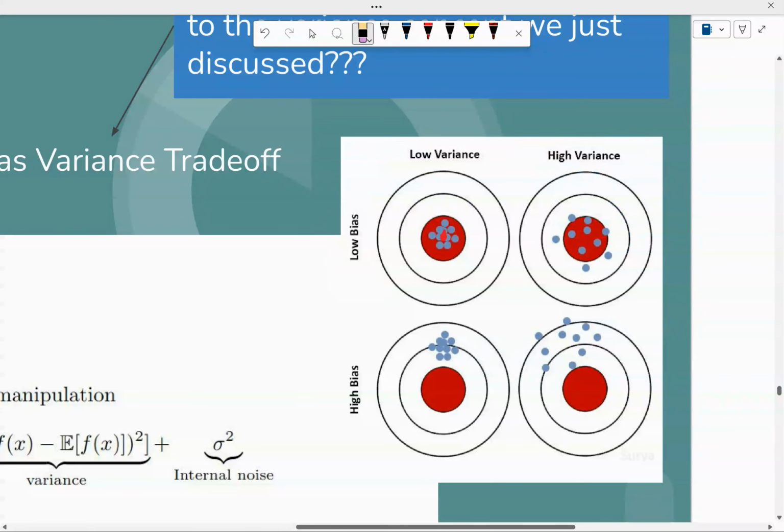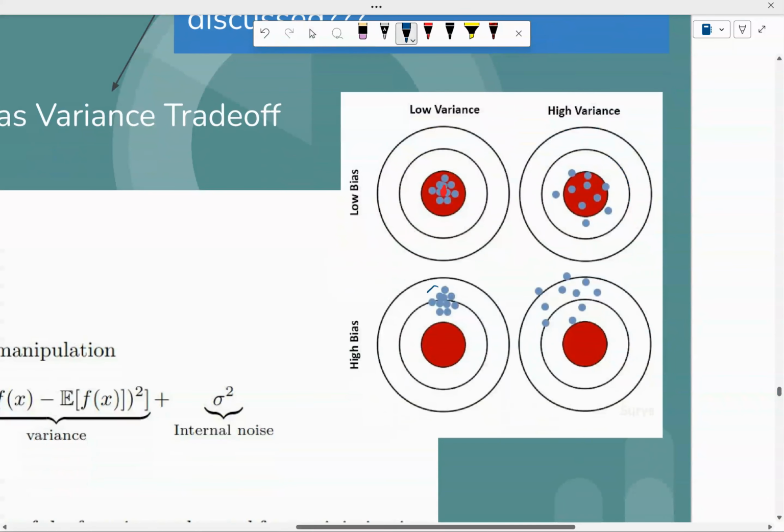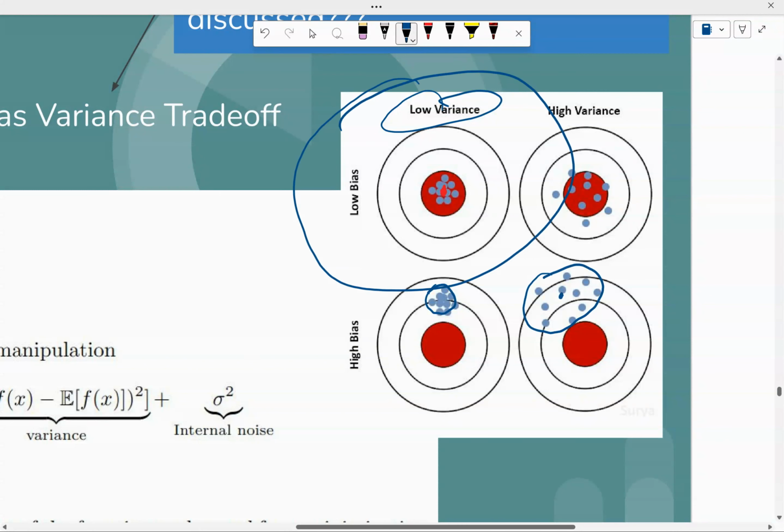There are other cases where you have high bias. Notice how the average is far away from the center. But at least it's low variance because the data is tightly packed together. And in this particular example, you have high bias and high variance. So the ideal case is basically you want low bias and low variance.